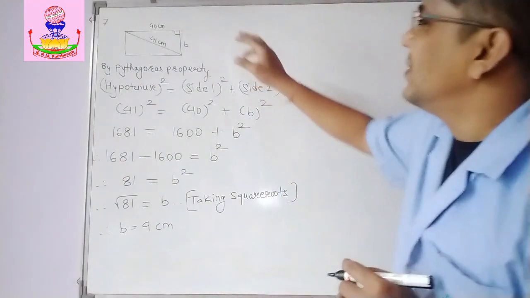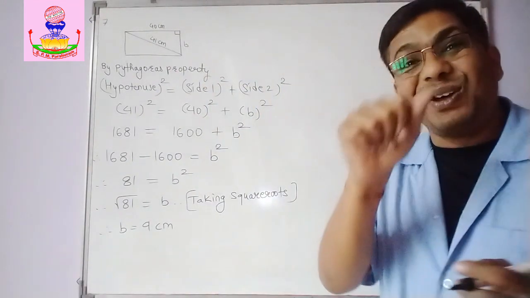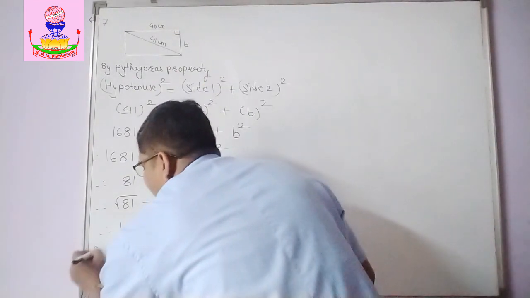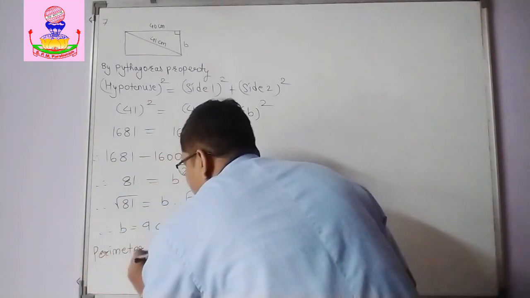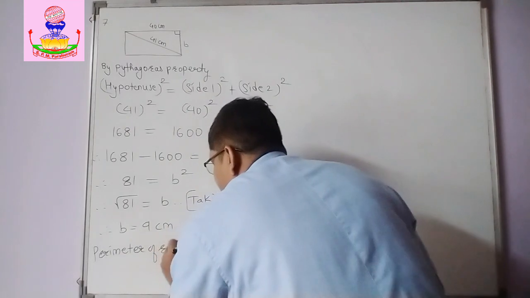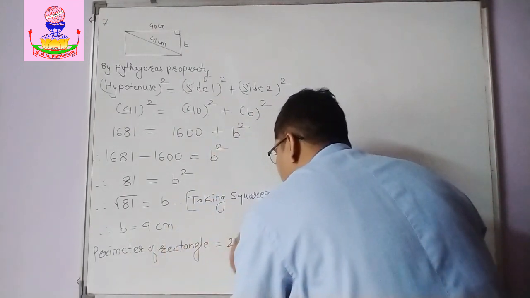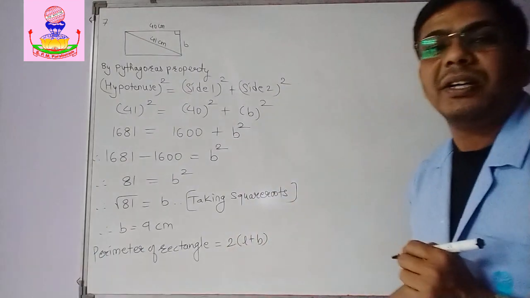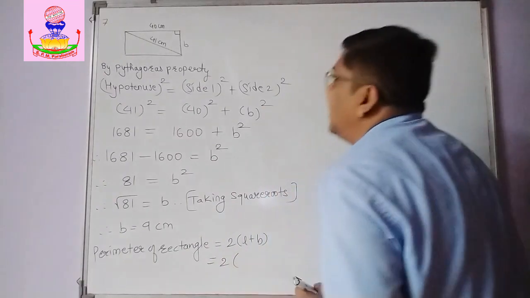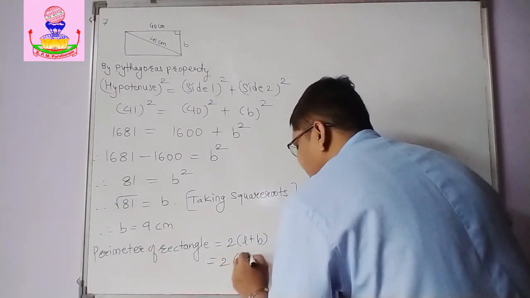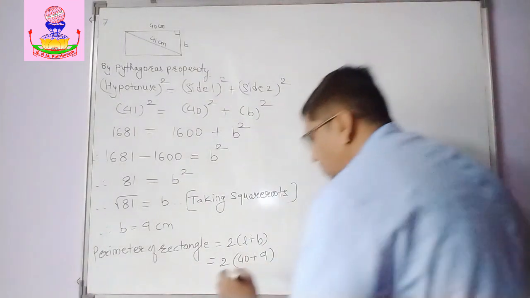What you got? B is equal to 9. So I know the length, I know the breadth. Can I find the perimeter? Yes, of course I can find. So perimeter of a rectangle that is equal to 2 into bracket L plus B. That is what the formula is. Okay, so 2 into, what is the length? 40. What is the breadth? 9.